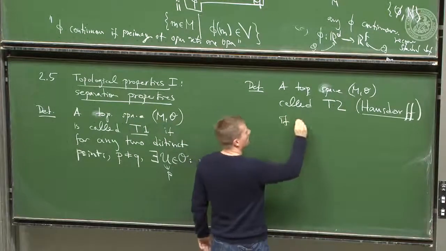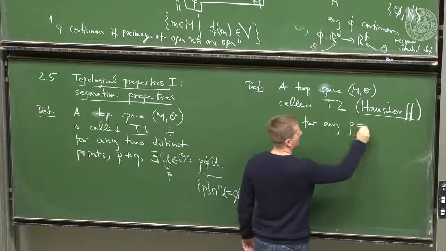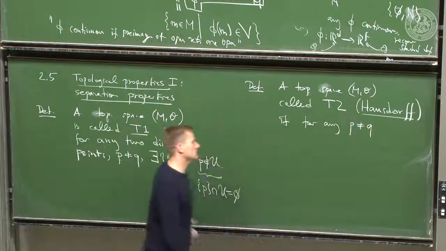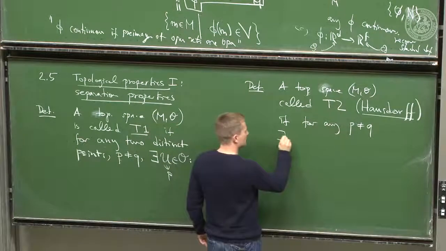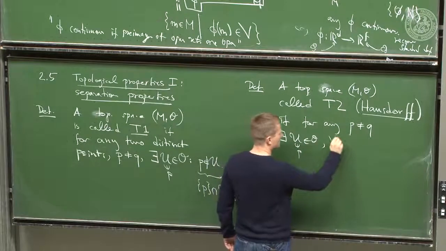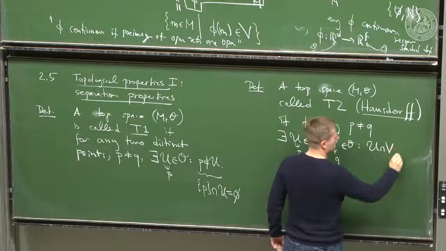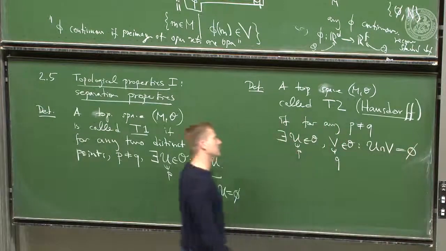if for any two distinct points, for any P not equal to Q, there exists an open neighborhood of P and an open neighborhood of Q such that the intersection of the two neighborhoods is empty.